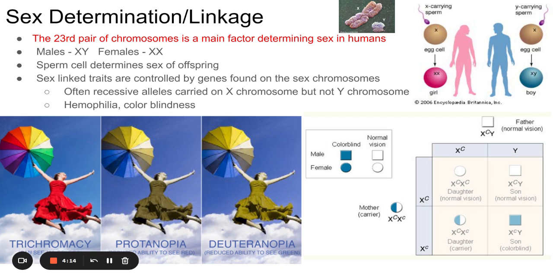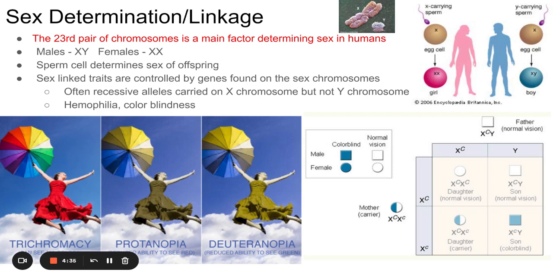And for sex-linked traits that are on the X chromosome, it's more common for males to have those conditions, especially if they're recessive, because how many X chromosomes does a man usually have? 1. They have an X and a Y typically.